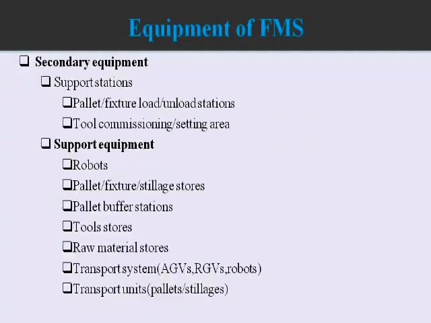Coming to the secondary equipment, we need to have support stations like pallet fixtures, loading and unloading stations, tool commissioning and setting stations or area, supporting equipment like robots, pallet fixtures, stillage stores, pallet buffer stations, tool stores, tool loading places, raw material stores, transportation of parts by AGVs, RGVs and robots, transport units like pallets and stillages.